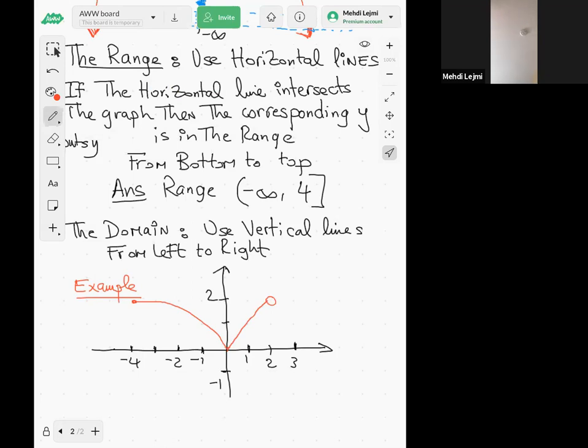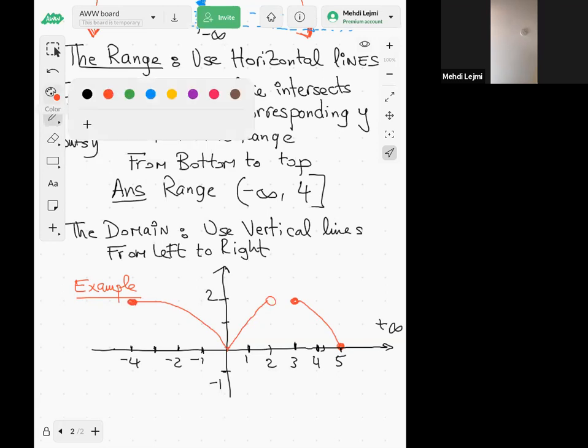Then let's say I have this. So here I'm going to have -4, of course. This is -4. This is +4. This is +5, and this is +infinity. So this is my f of x.